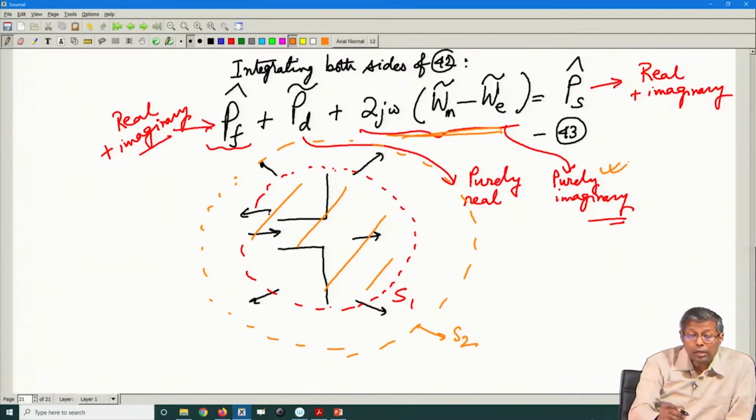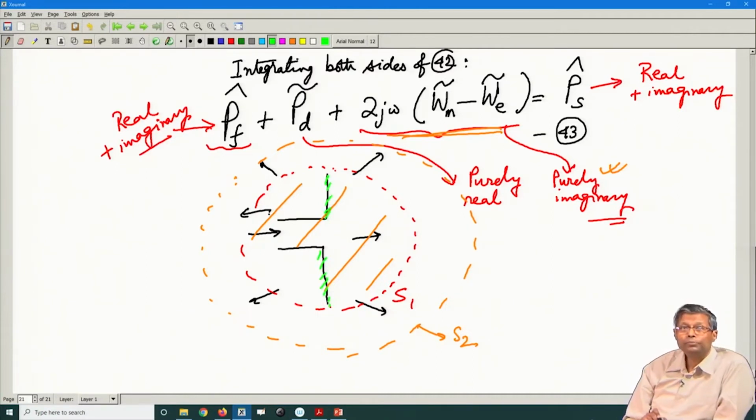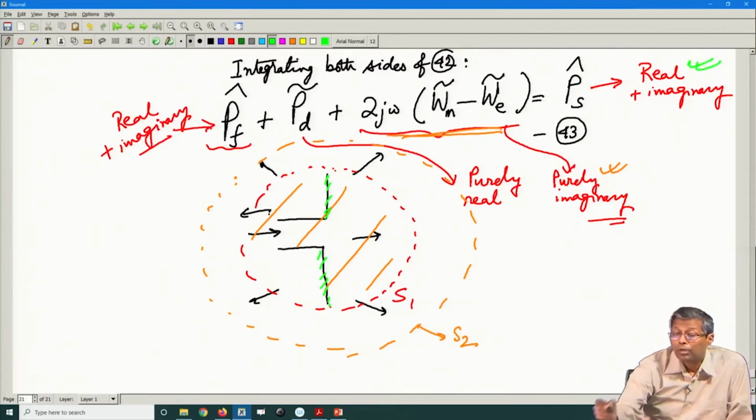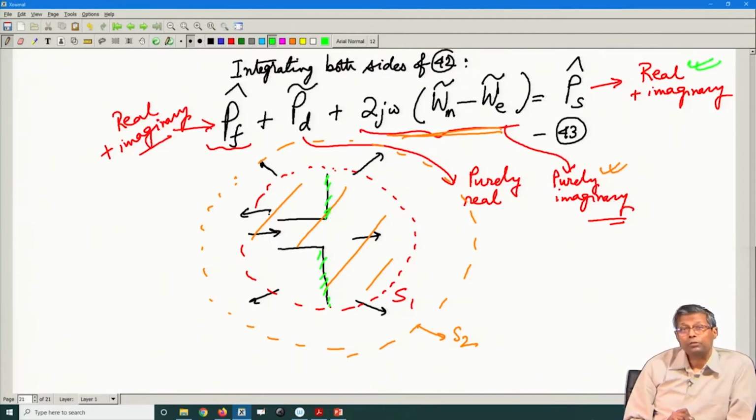However, the power dissipation is happening in the conductor surface, the ohmic loss in these surfaces. So, this is fixed in this region of space. It does not vary with the increase of spherical radius. Also, this term is due to the sources inside this region, so that is also fixed.